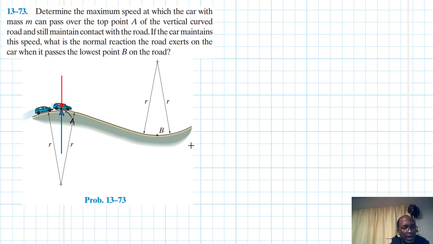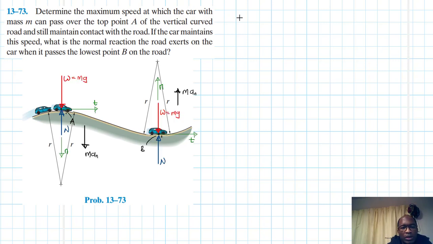That point is A. So let's say the car at A. What is happening there?